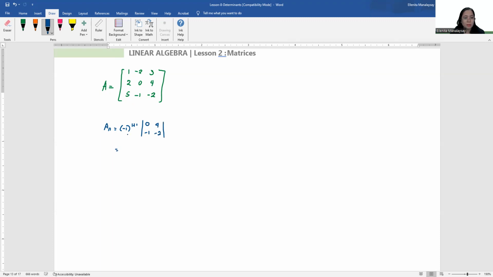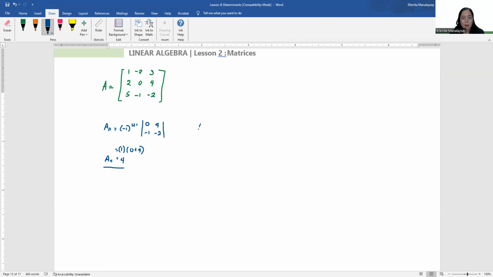This is equal to -1 raised to 2, which is +1, and then the determinant of this is 0 plus 4, so this is equal to +4. So the cofactor of A11 is equal to 4. We will be needing this later.